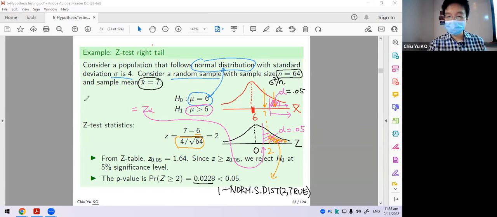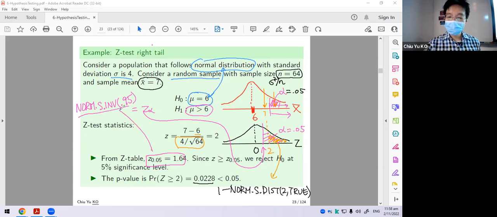Which comes from the NORM.S.INV in Excel. The right-hand side is 5%, the left-hand side is 95%, so 0.95, okay? And this will give you this number.